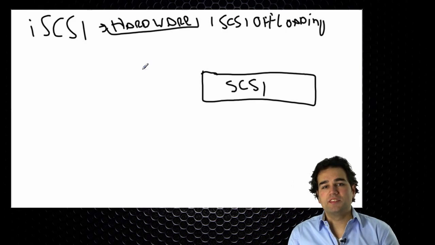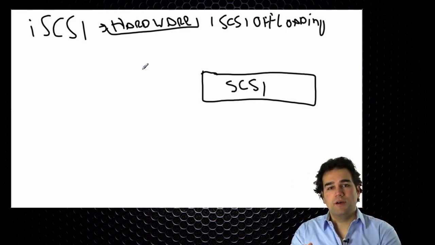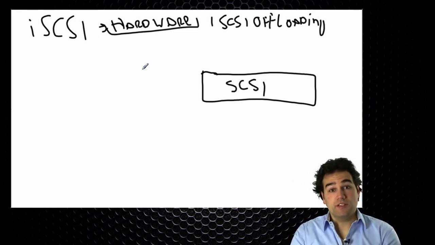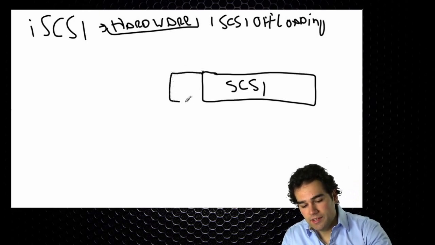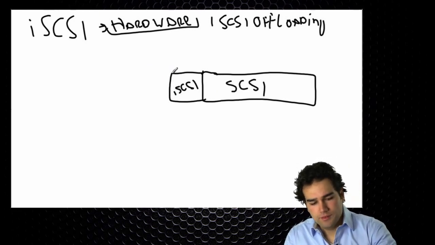What happens when this packet arrives? The host tries to boot from its SCSI bus, sends out a command, the network card receives this packet and then starts encapsulating it. So we first encapsulate that in a certain iSCSI frame, framing, which is just a header with some specific information.